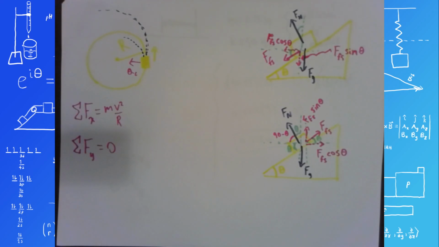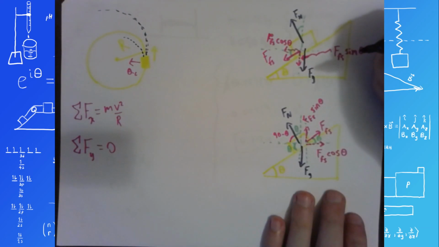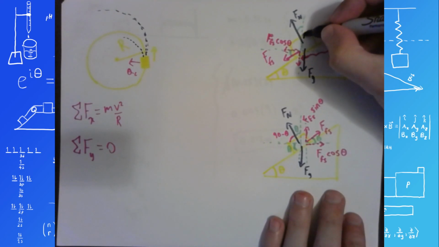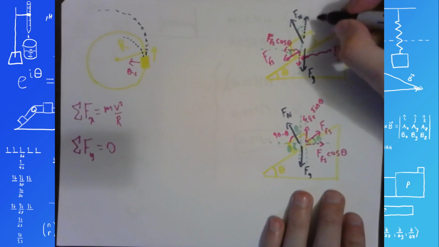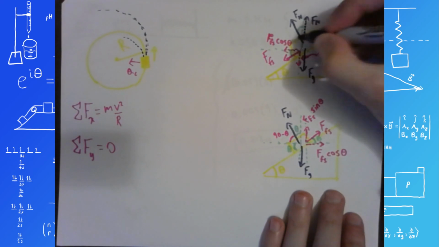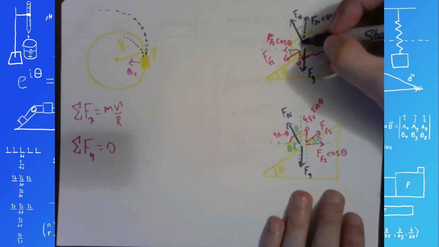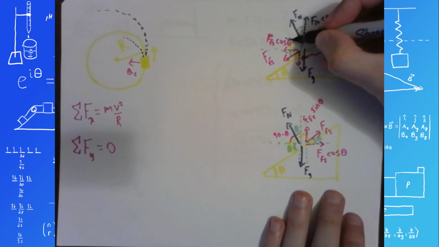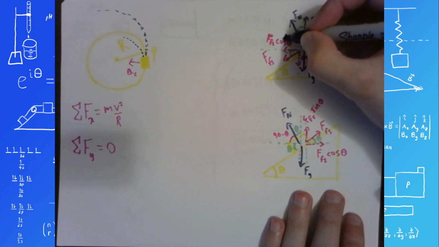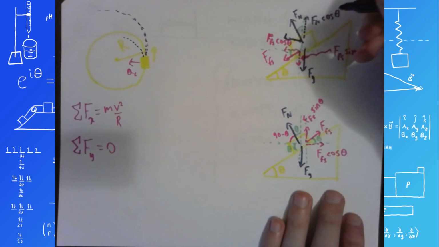Okay, that's for our friction components. Now for our normal force components. Vertical component is going to be normal force times, it's adjacent to this green angle, so it's normal force times cosine of theta. And the component pointing to the left, I don't even have the space to draw it. Yeah, that doesn't look very good.